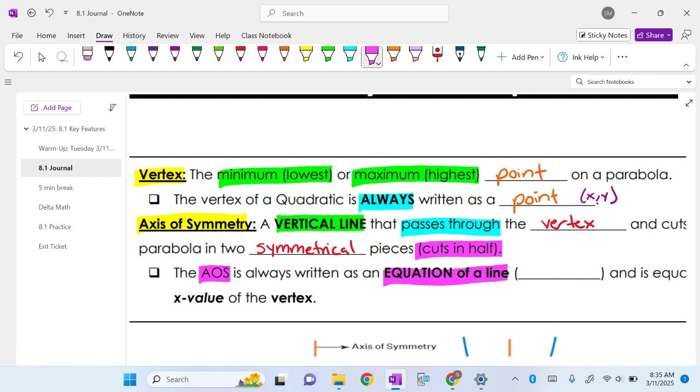Now, the axis of symmetry, which you'll probably see as AOS a lot, is written as an equation of a line. Now, review from last semester. It's a vertical line. How do you always write a vertical line? Something equals. So something equals a number, X or Y, for a vertical line.